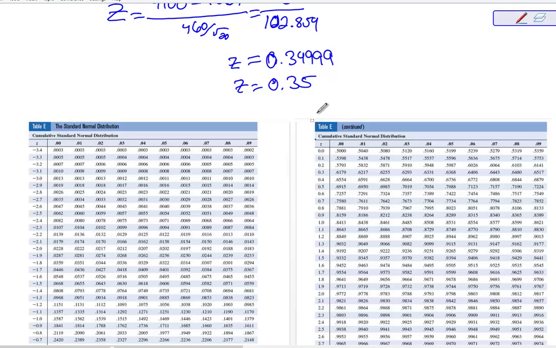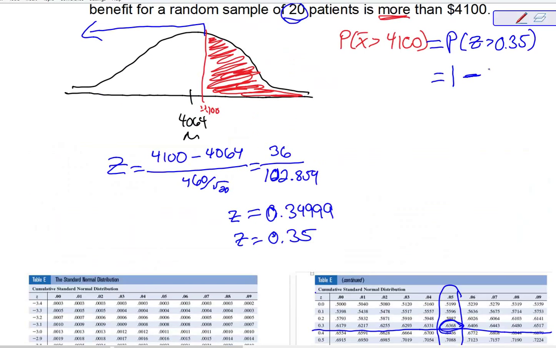So I'm going to come to 0.03 and then to the 5. So I get 0.638. I do the subtraction and I get 0.3632 for the probability that the mean is greater than $4,100.